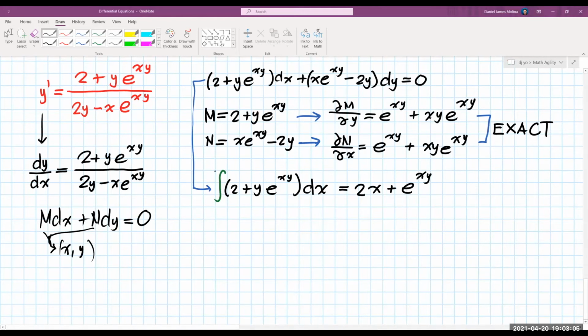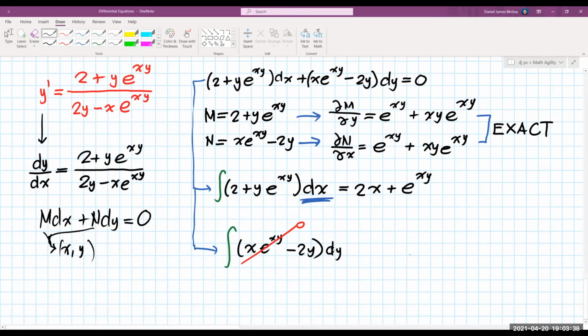For the second term, we have a small twist. Let's first rewrite it: x e raised to xy minus 2y dy. Before we evaluate the integral, we disregard the terms with x, because we have already integrated with respect to x.